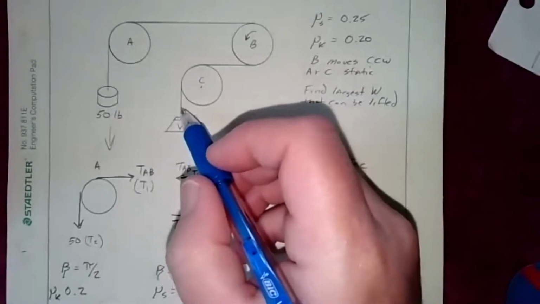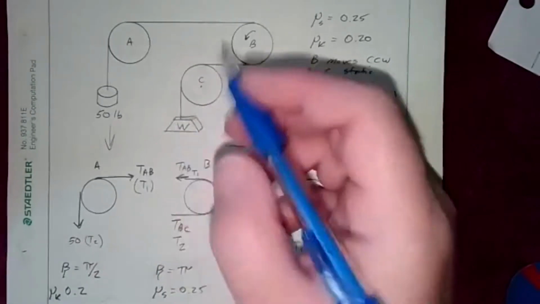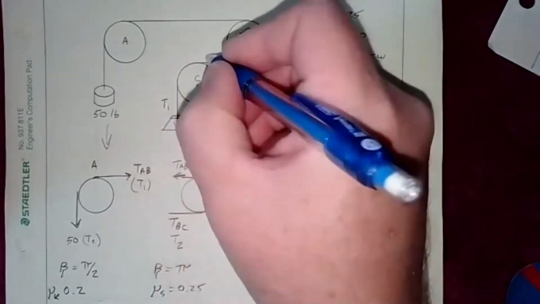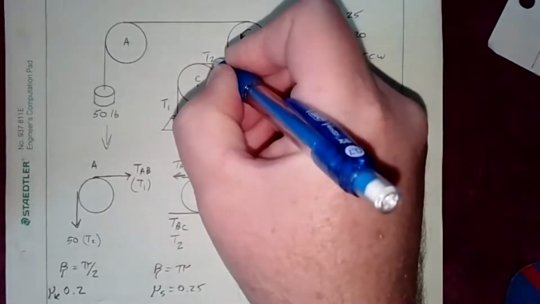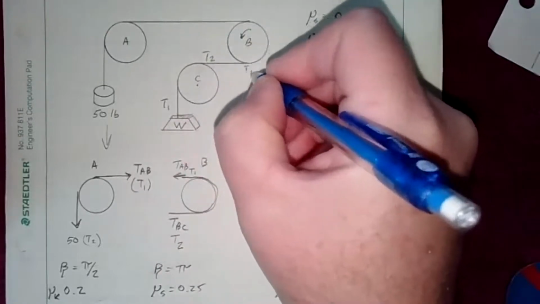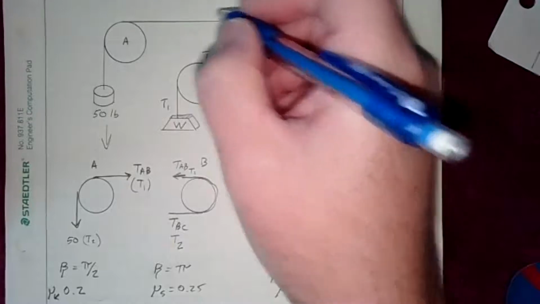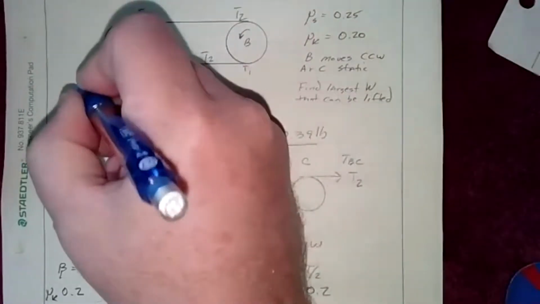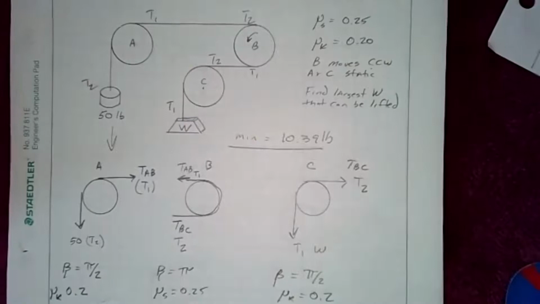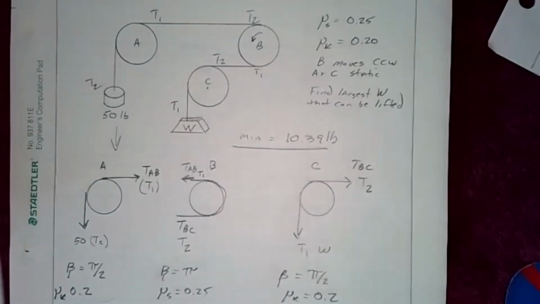And again, to do that, you would say T1, T2, and then this would become T1, that would become T2, this would become T1, and that would be T2. Okay? All right. So hopefully this is making sense. It's just one minor part.